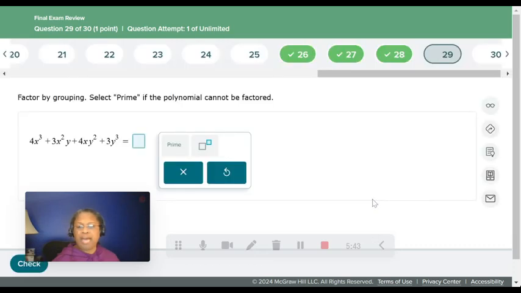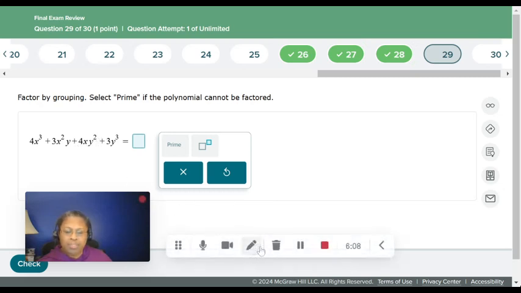Problem number 29, factor by grouping. Select prime if the polynomial cannot be factored. Let's look at this for a moment. We have 4x cubed, 3x squared y, plus 4xy squared.